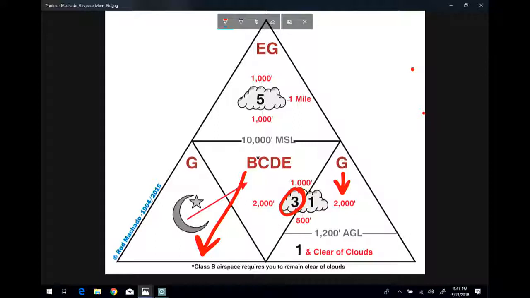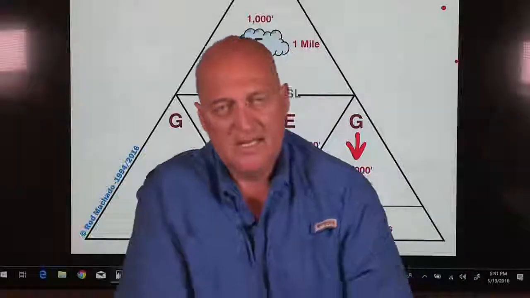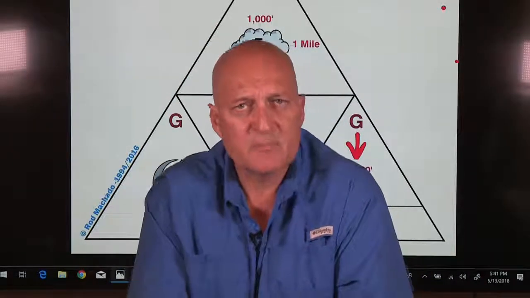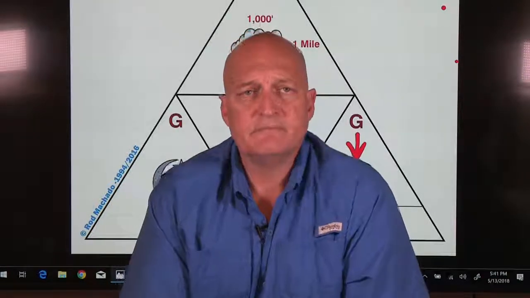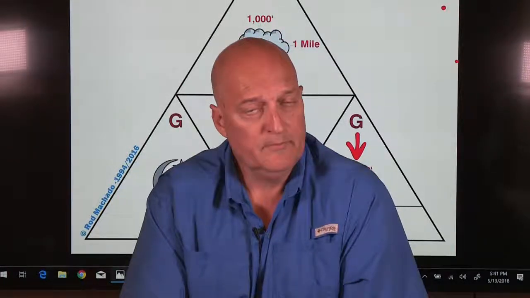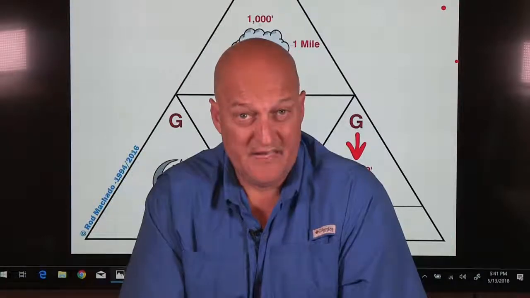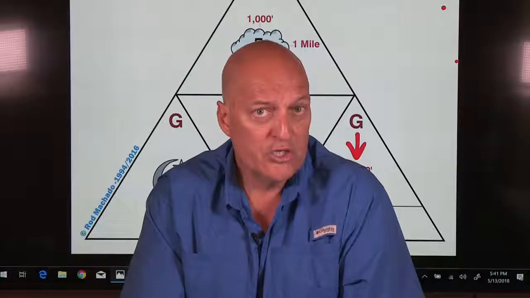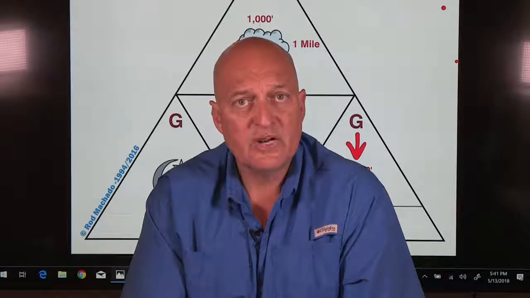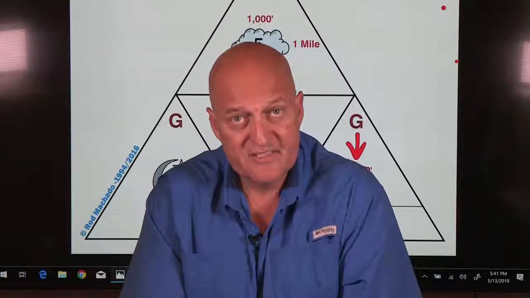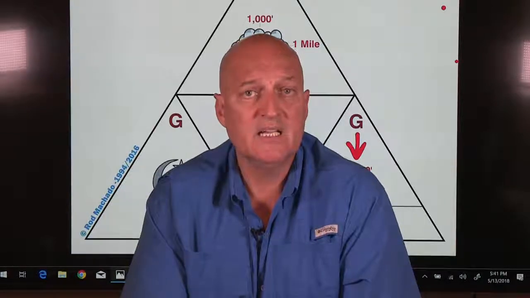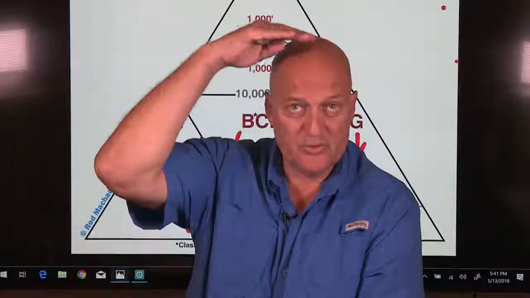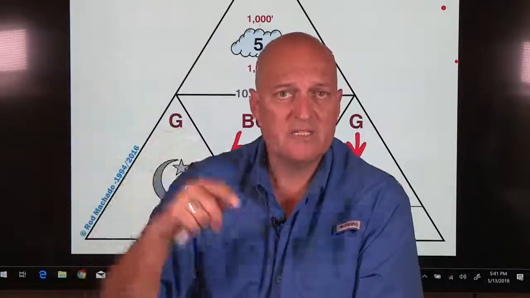Now here's a little tricky thing. What do you think the top of the Class Bravo airspace is in Denver? Well, it's 12,000 feet. So here's a case where you could operate in Class Bravo airspace above 10,000 feet MSL because of that restriction, because that Class Bravo ceiling goes higher in Denver.